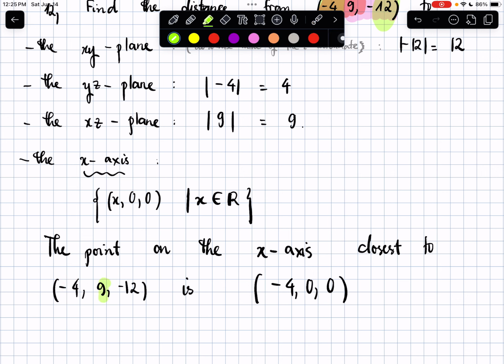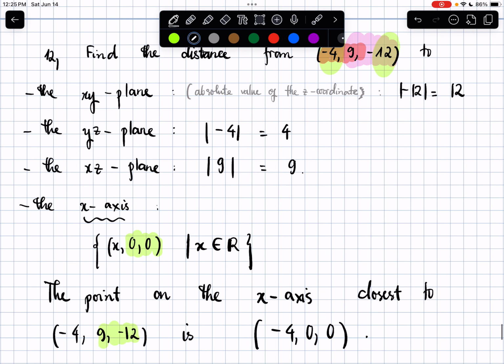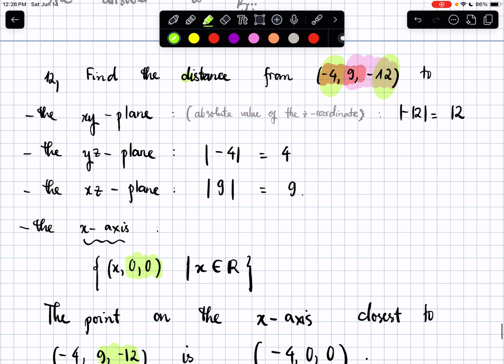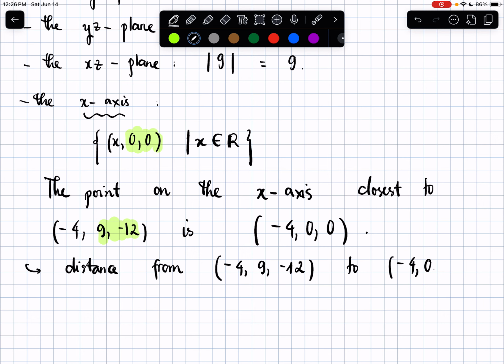So we need to compute the distance from the point here to this point, the distance from (-4, 9, -12) to (-4, 0, 0).